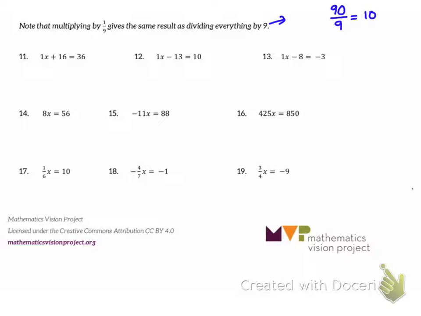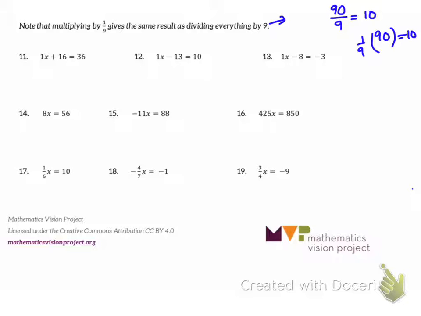If you have 90 and multiply it by 1 over 9, again you get 10. So multiplying by 1 over 9 or dividing by 9 means the same. If I'm multiplying by 1 over 5 or dividing by 5, it is the same thing.